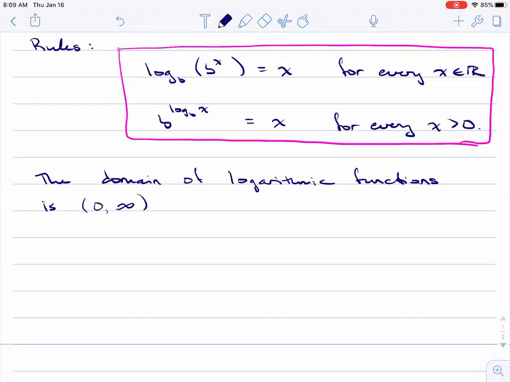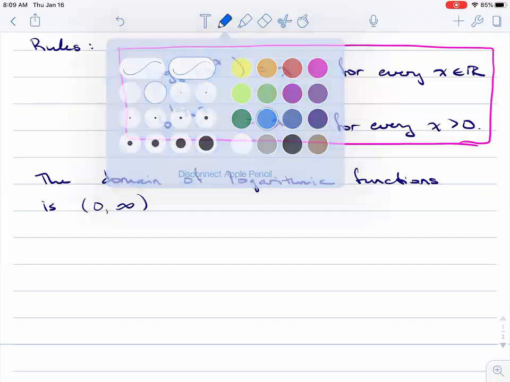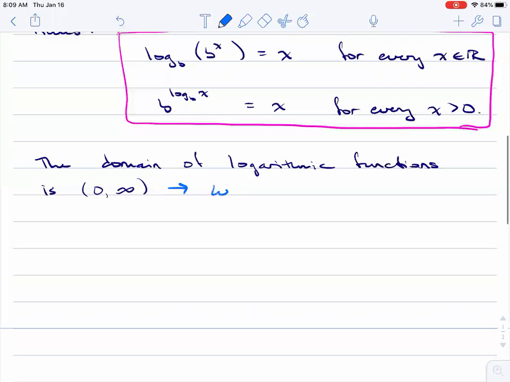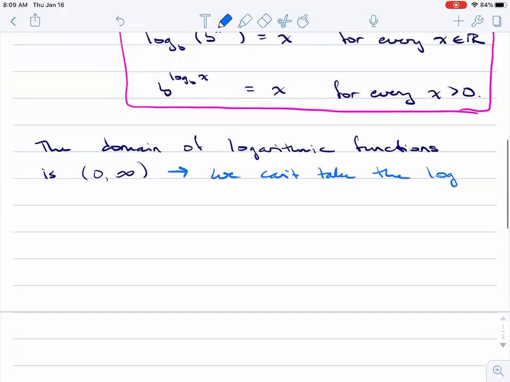And what does this mean? This means that we can't take the log of a negative number. We can't even take the log of 0 because 0 is not even included. And so we can't take the log of 0 or a negative.